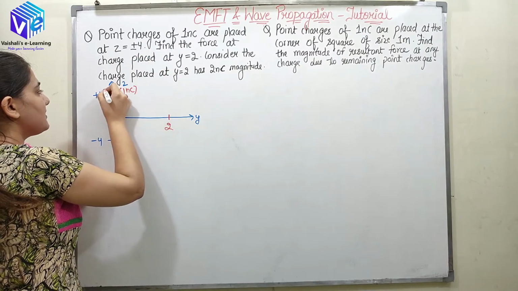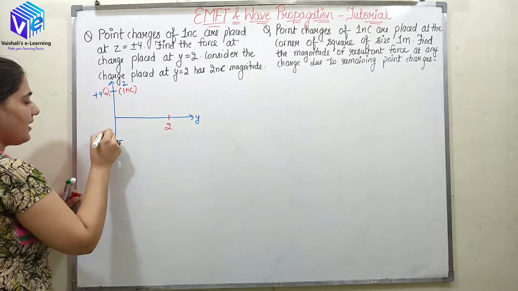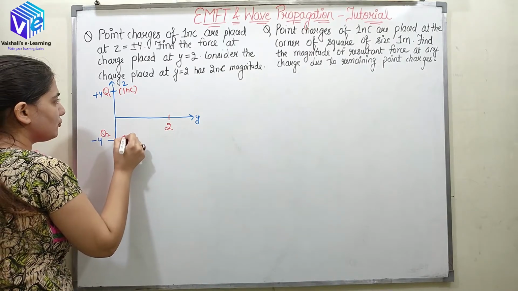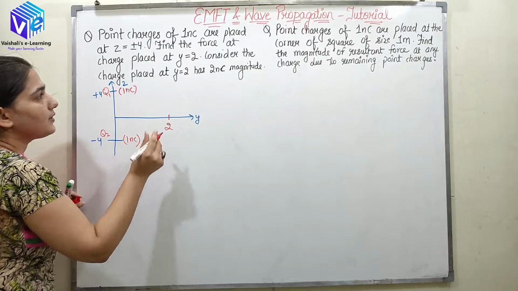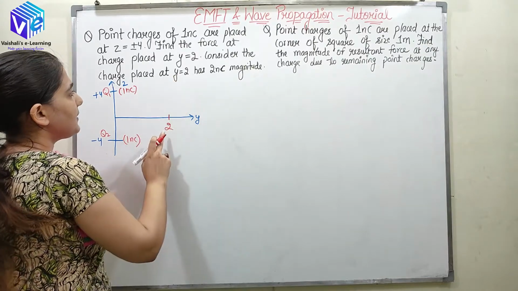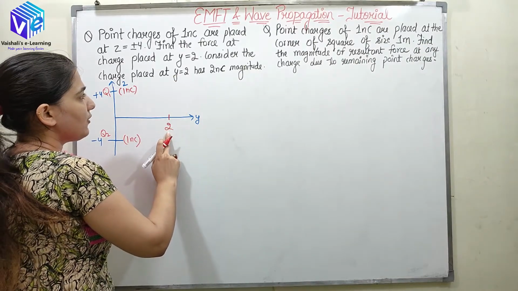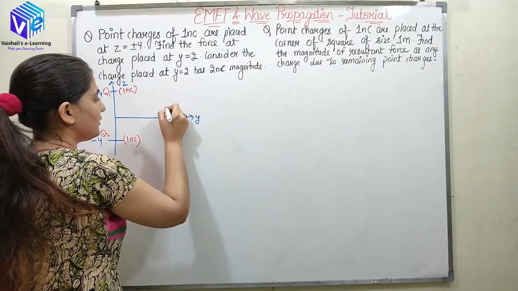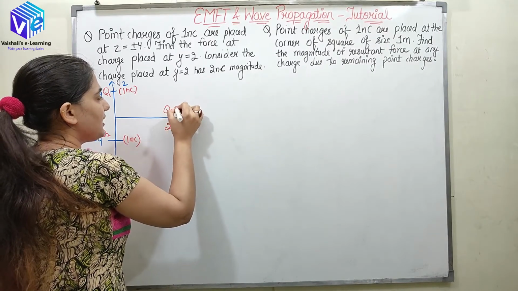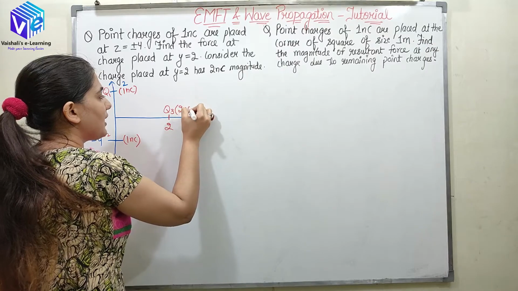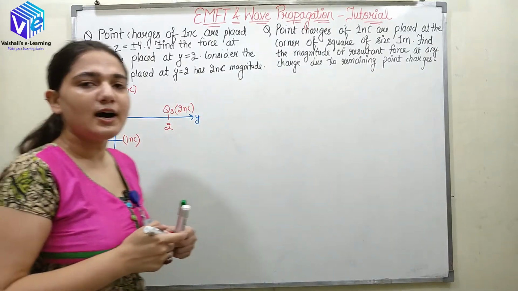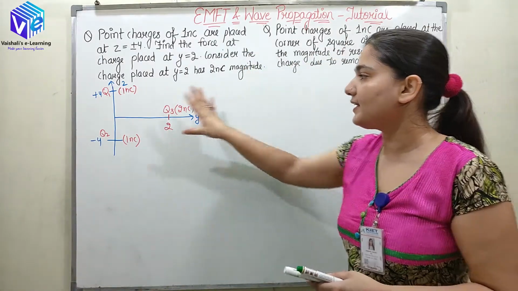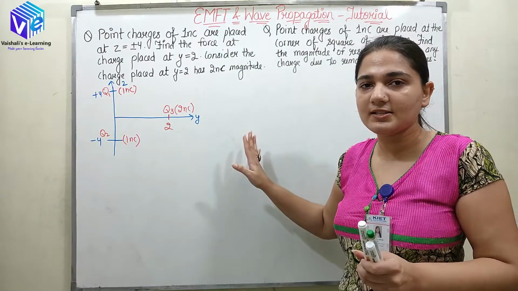Let's suppose this is my charge Q1 and this is my charge Q2, also 1 nanocoulomb. Now what is the charge placed at y equal to 2? It is 2 nanocoulomb. Let's suppose it is Q3 and its value is 2 nanocoulomb. So this is the representation of the charges in space.